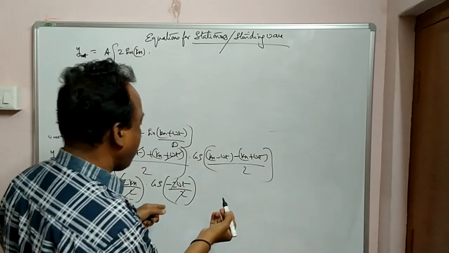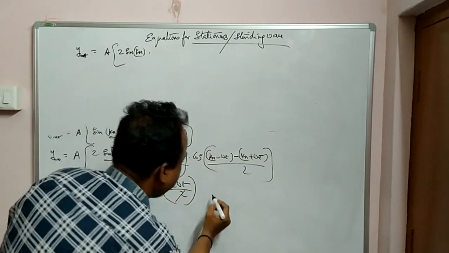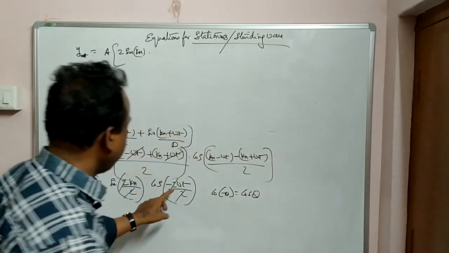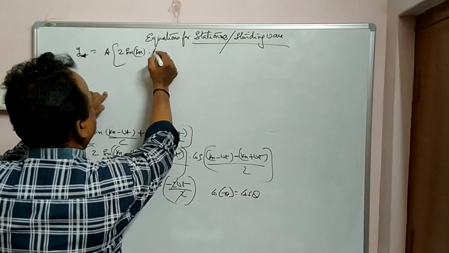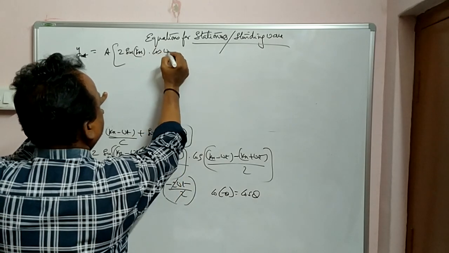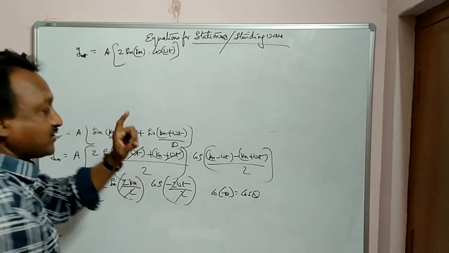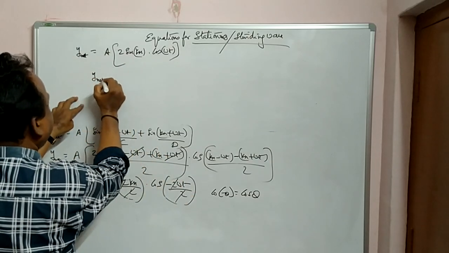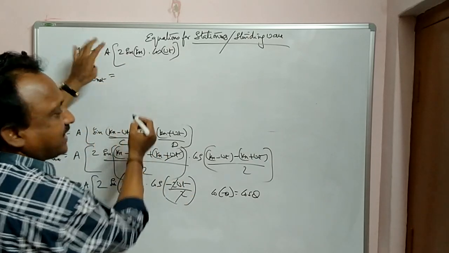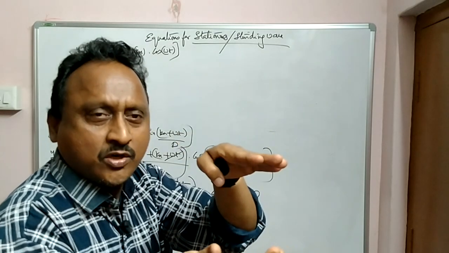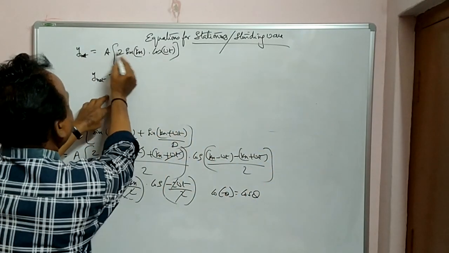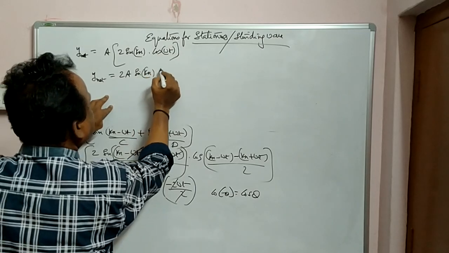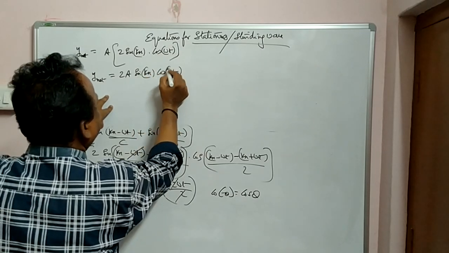In trigonometry, you know cos of minus theta is equal to cos theta. So the negative value becomes positive. So cos omega t. Observe, the resultant wave formed when superimposing two progressive waves, I got it as 2a sin kx cos omega t.